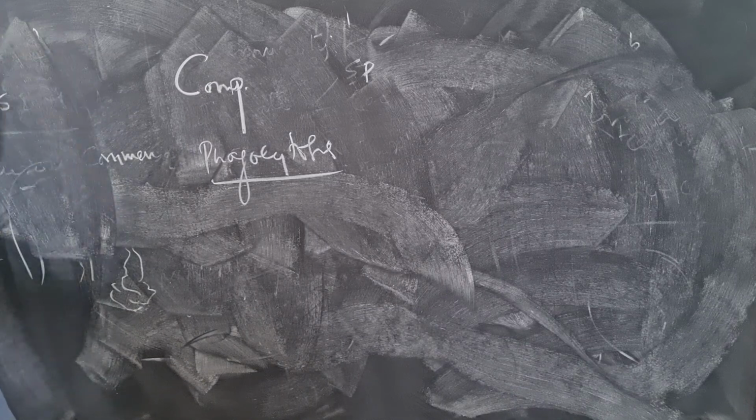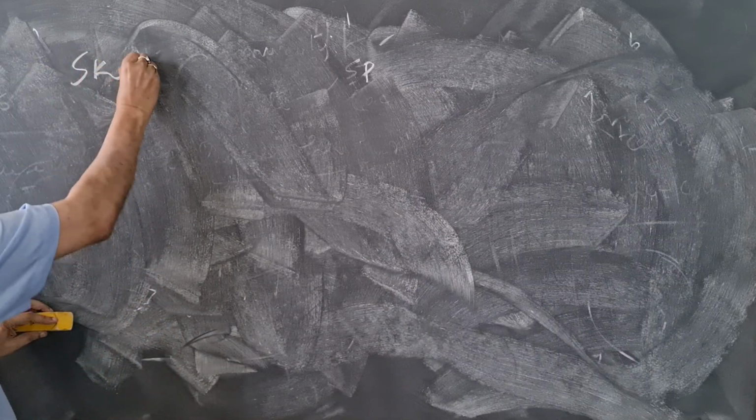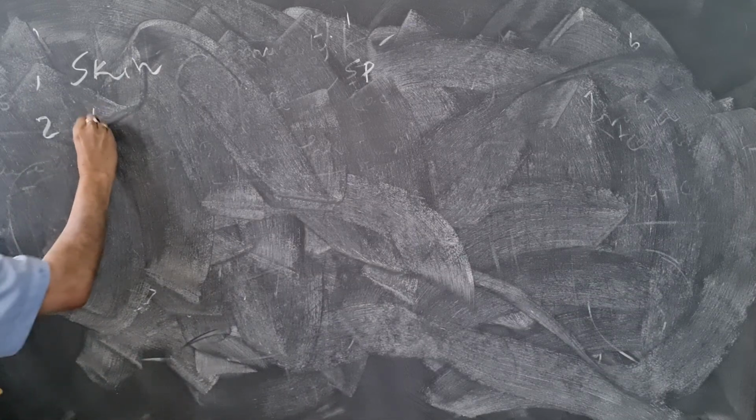So what are the non-specific immune mechanisms? Number one is skin, sebaceous and sweat glands. Number two, respiratory tract.